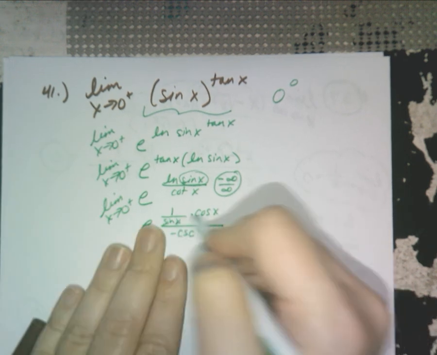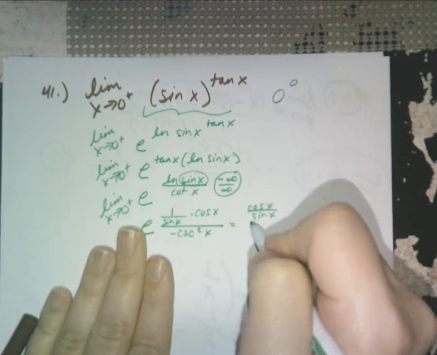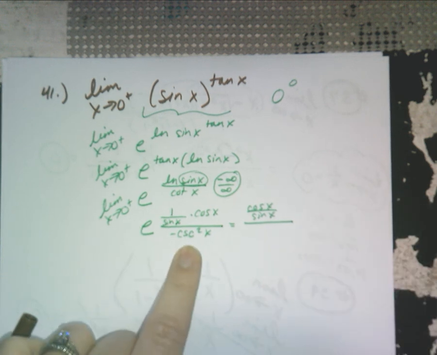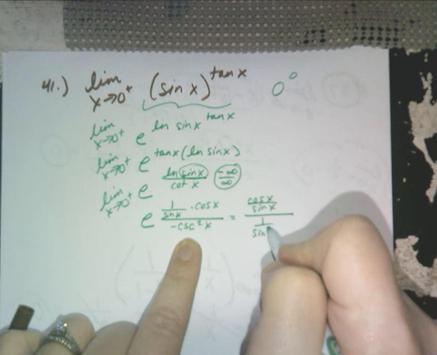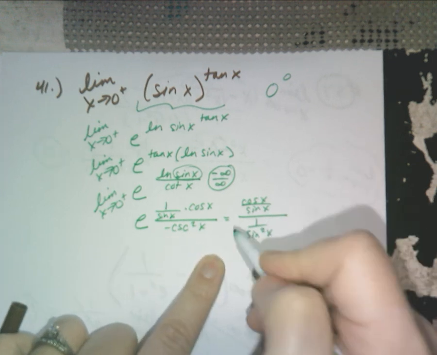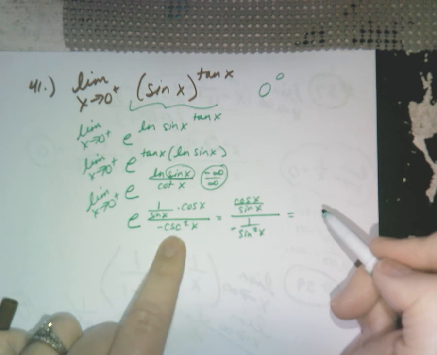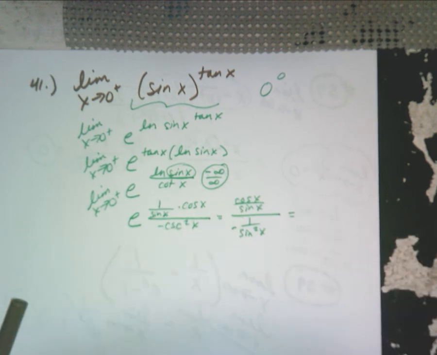Then I'm going to simplify this as best I can. This is cosine x over sine x over, what is the reciprocal of cosecant squared? So it's 1 over sine squared. Same change flip. Oh, it is negative, yes, thank you. I'm going to leave it in cosines and sines for a reason.